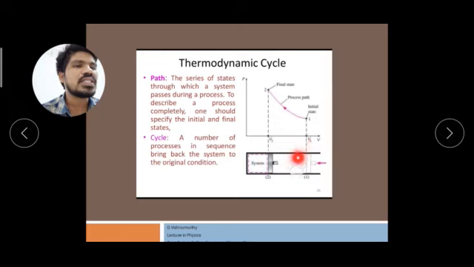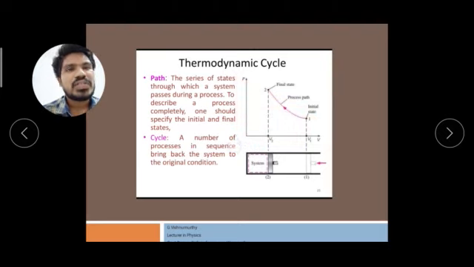Here you see that we go from V1 to V2 on the x-axis towards the zero point, which shows the decrease of the volume. But in the graph, from state one to state two, the pressure increases on the y-axis.